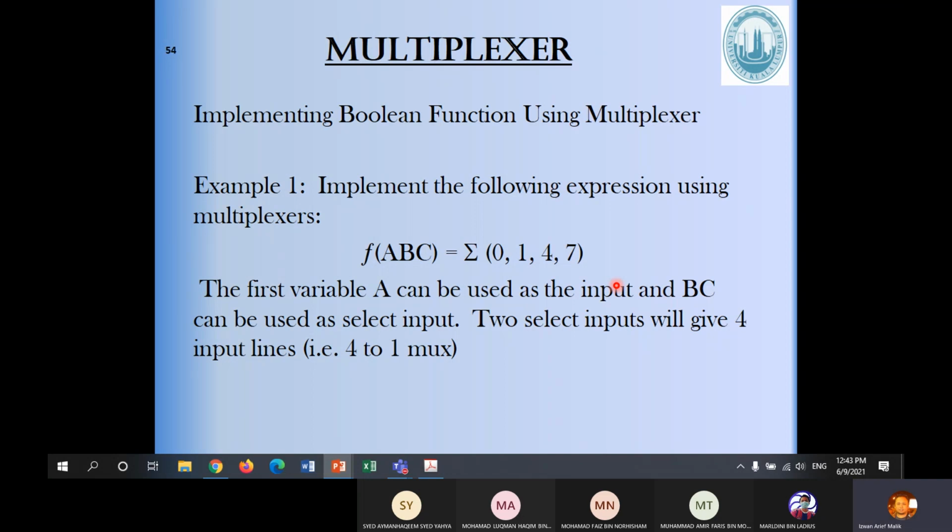The first variable A can be used as the input and B, C can be used as the select inputs. So 2 select inputs will give 4 input lines, which is a 4 to 1 mux. So A will be the input, B, C will be the select inputs. From there we can determine it is a 4 to 1 mux. We can also tell from the numbers at the back, but I think from here we can already focus on what type of mux to use.